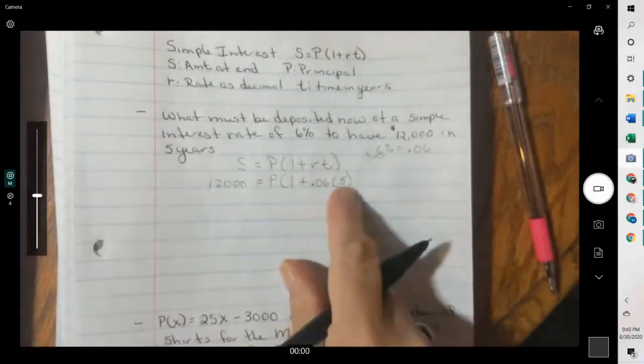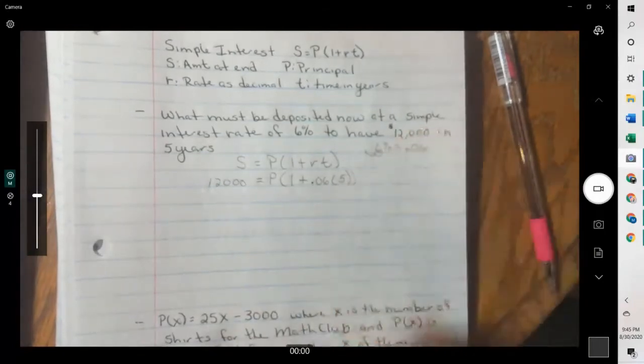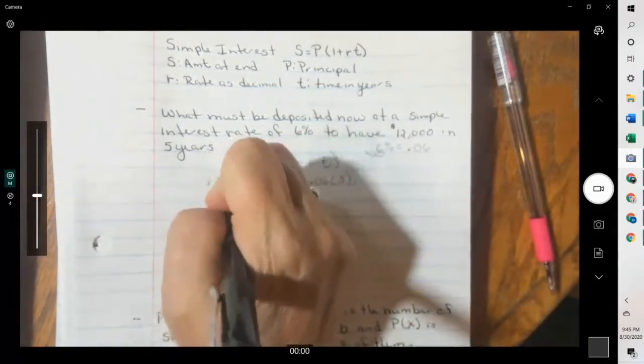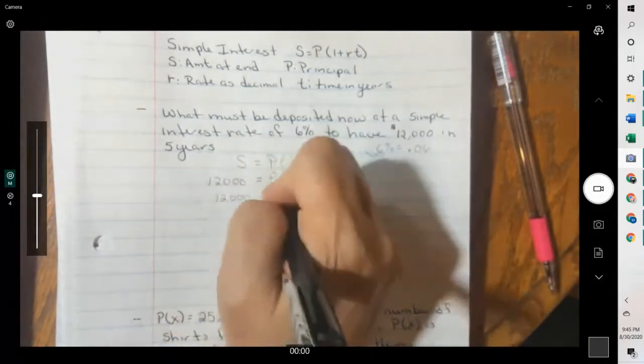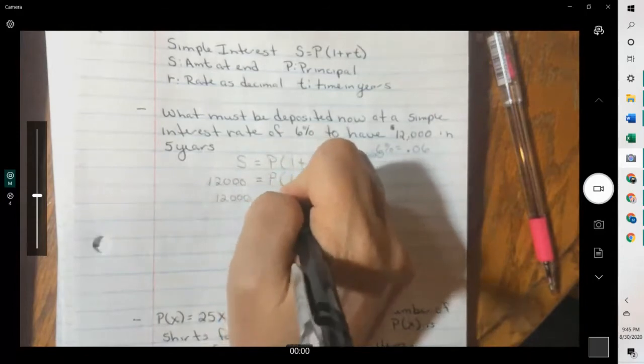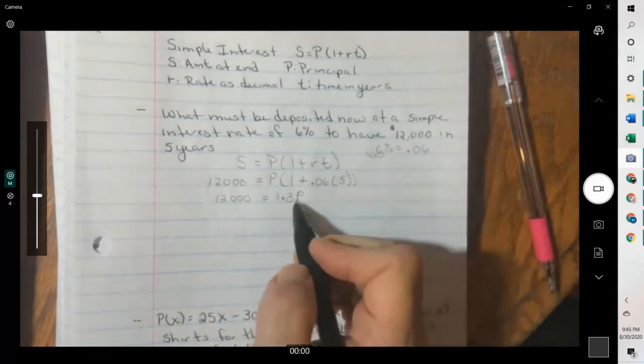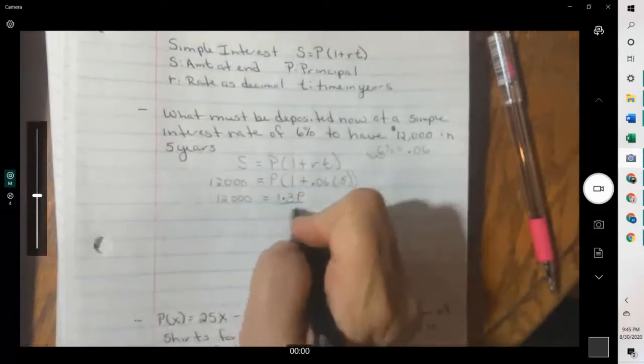So we want to calculate inside the parenthesis first. 1 plus 0.06 times 5 is 1.3. So we have 12,000 equals 1.3 P. Now, if we're trying to get P by itself, since this is multiplied, we need to divide.